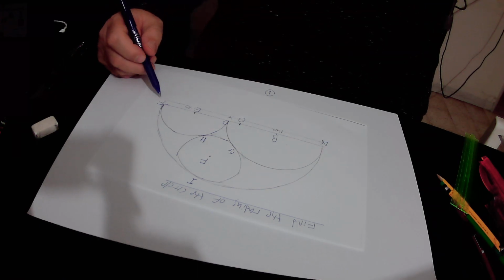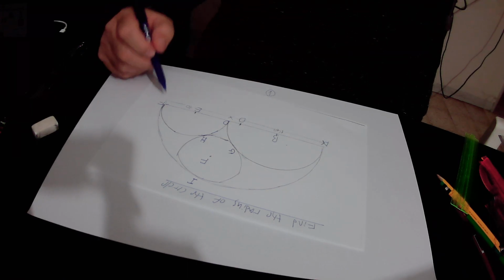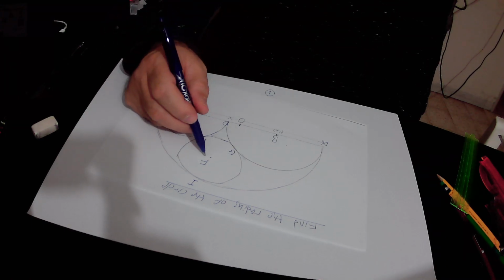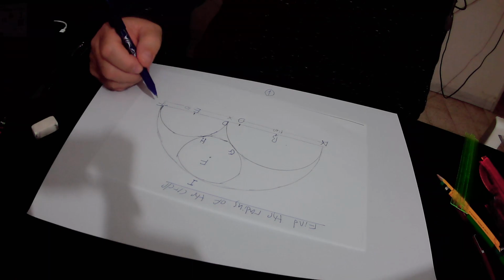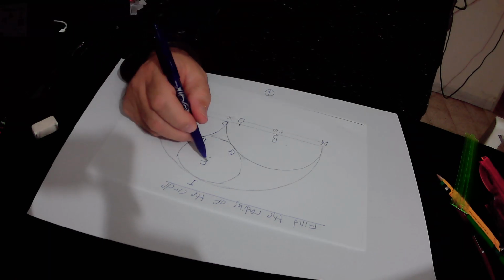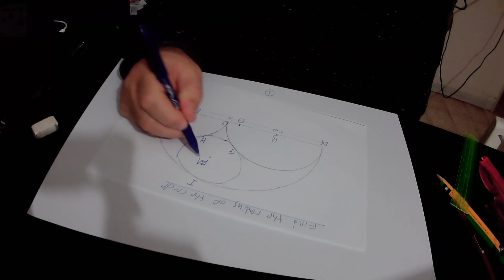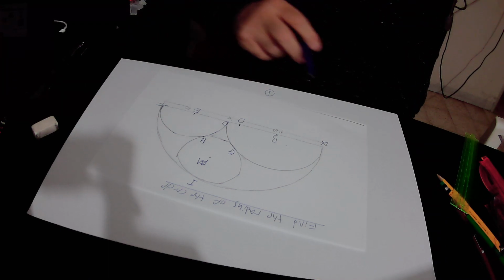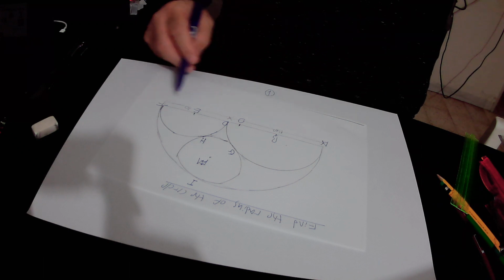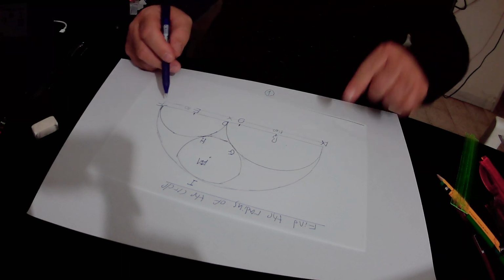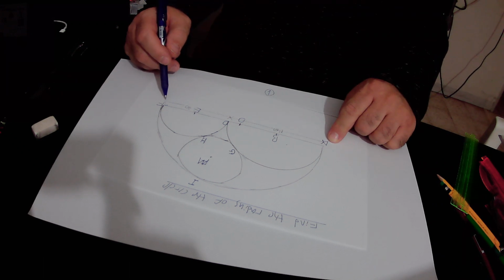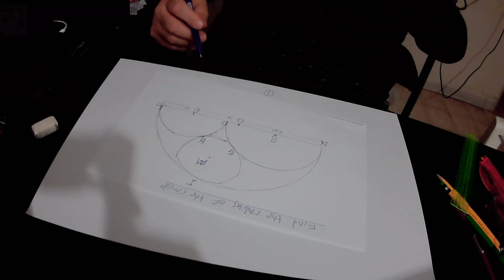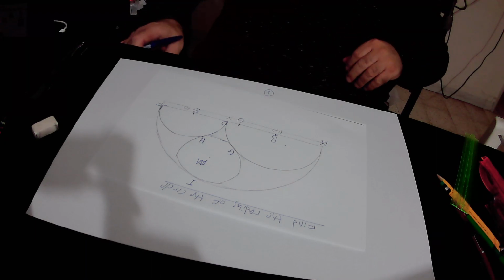Here, this point is F, so we'll define the center of this semicircle as M. We know that line segment AF is the diameter of the biggest semicircle.